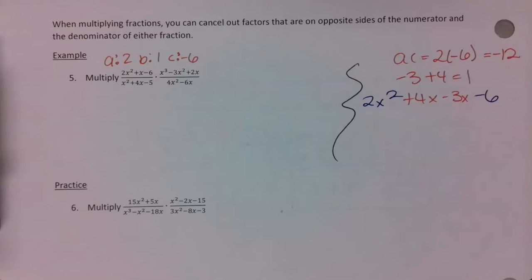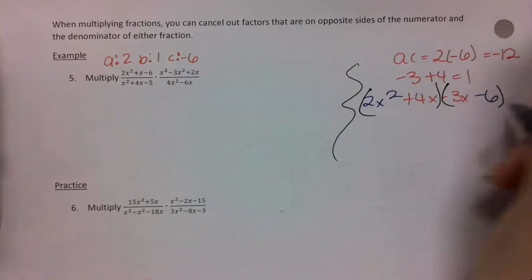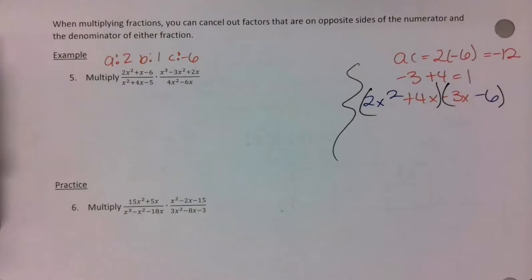Okay, so I want to split these into two groups. I'm going to have 2x squared plus 4x in one group, and then negative 3x minus 6 in my second group.